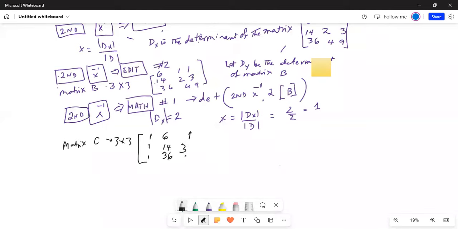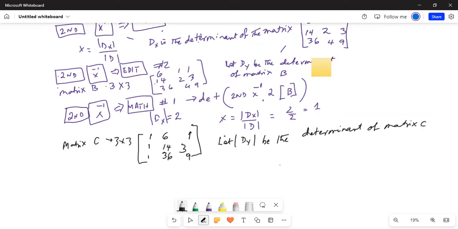The second column has been replaced in the coefficient matrix, and it is 9. Okay, and let dy be the determinant of matrix C.